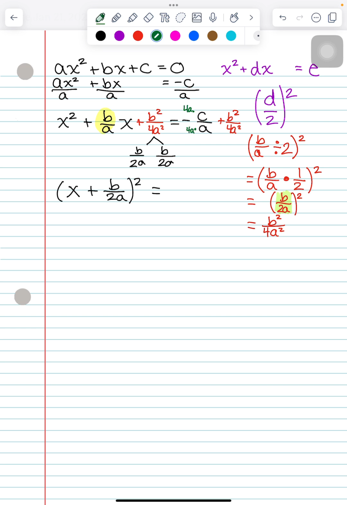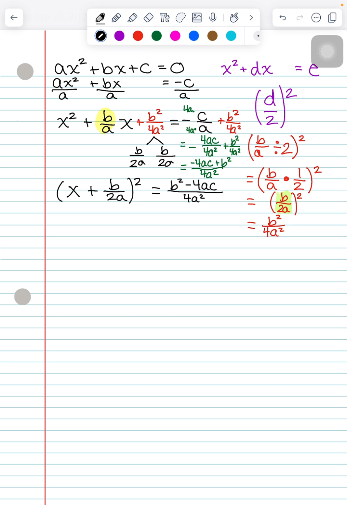That way, I get a negative 4ac over 4a squared, adding b squared over 4a squared. Now, if I add those together, I get negative 4ac plus b squared over 4a squared, which personally, I would prefer if it said the b squared first. So b squared minus 4ac all over 4a squared.